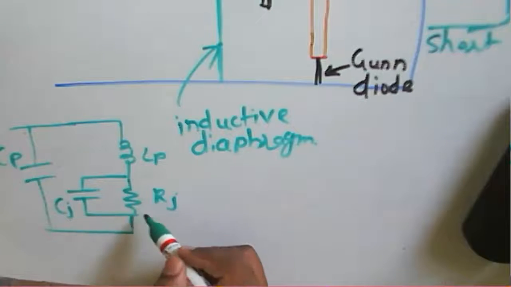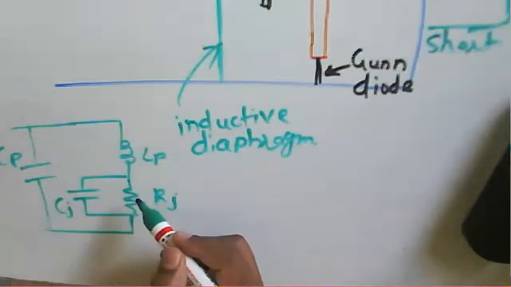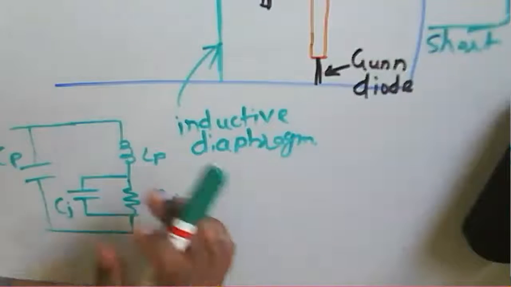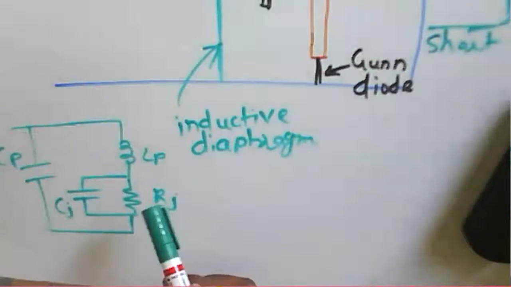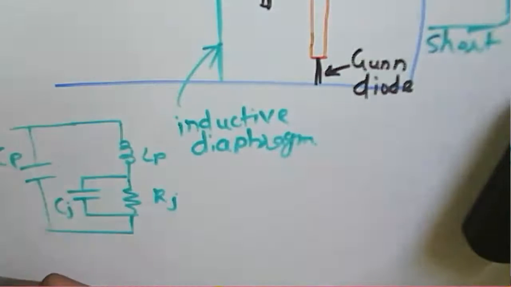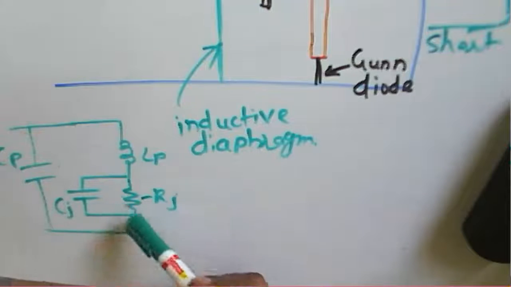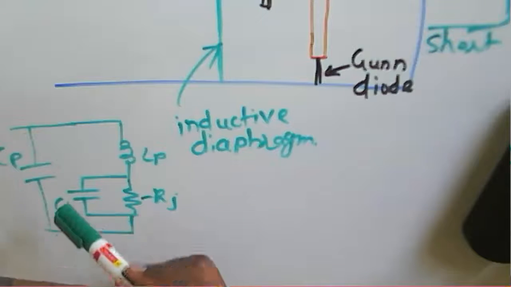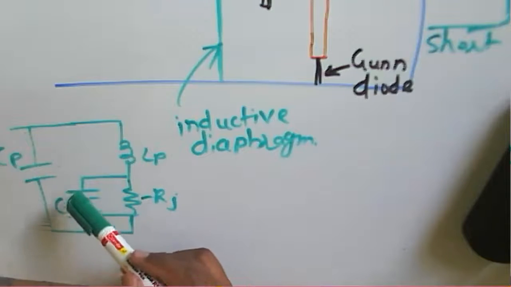Now this Rj is nothing but the negative resistance, because this particular diode is exhibiting in a negative resistance region. So we say that is Rj here, and the capacitance is Cj here. Negative resistance Rj and capacitance Cj.